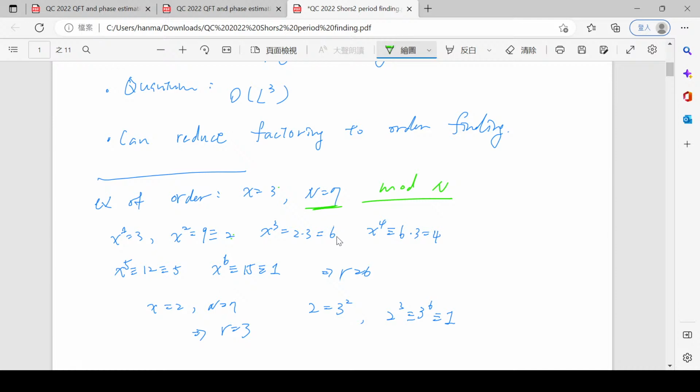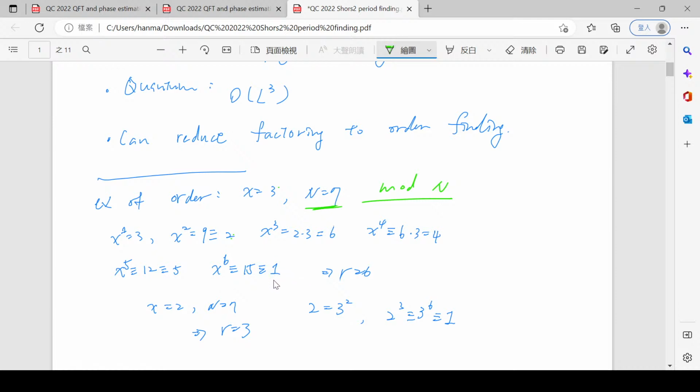Then x to the 4th is going to be 6 times 3, so that's 18, and you mod 7, that becomes 4. Then 4 times 3 equals 12, and mod 7 becomes 5. Then 5 times 3 equals 15, then mod 7, finally, that's 15 minus 14, which equals 1.